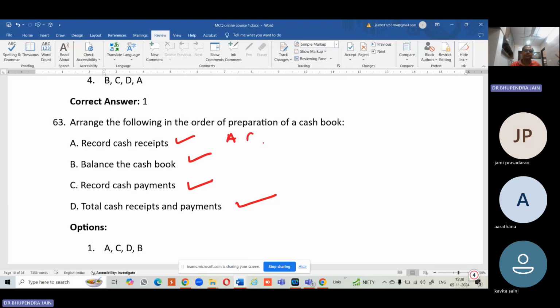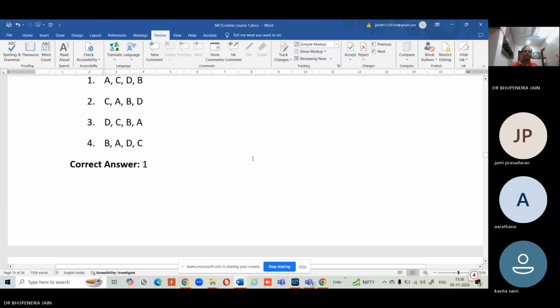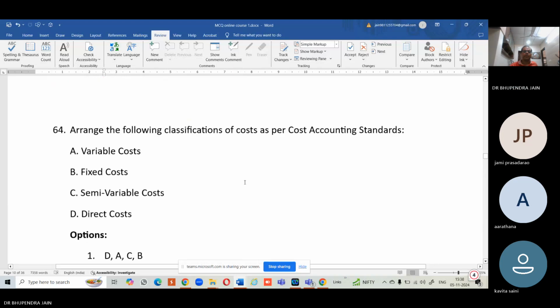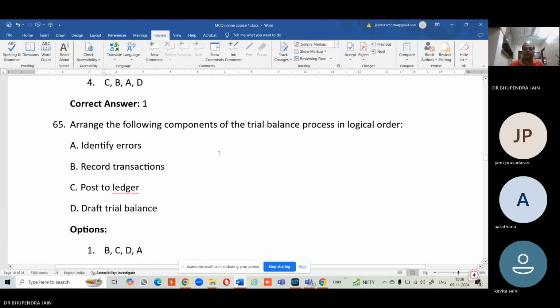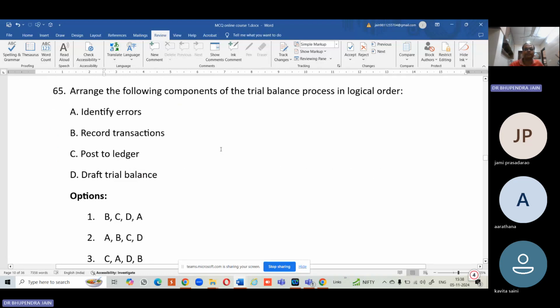So A, C, D, A. This will be the correct answer. Beta, cost accounting, this we will discuss in future.